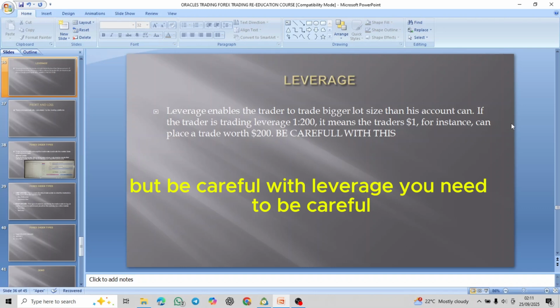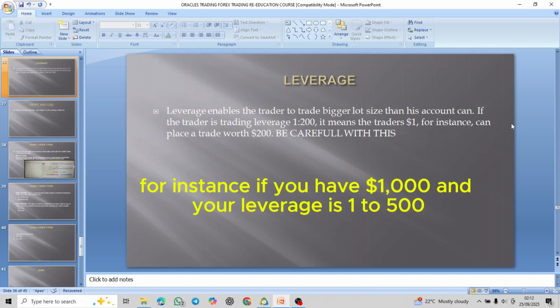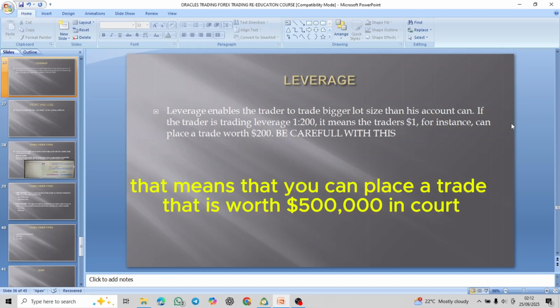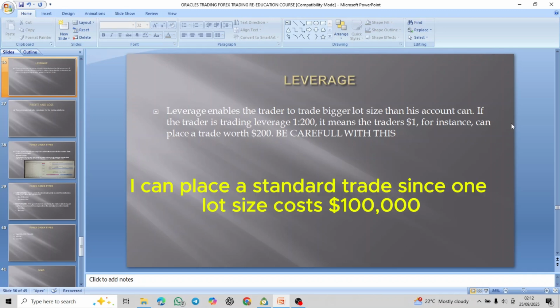But be careful with leverage. You need to be careful. For instance, if you have $1,000 and your leverage is 1 to 500, that means that you can place a trade that is worth $500,000. You may feel that, okay, I can place a standard trade since one lot size costs $100,000.